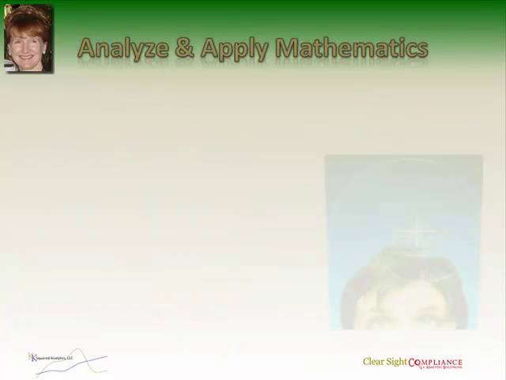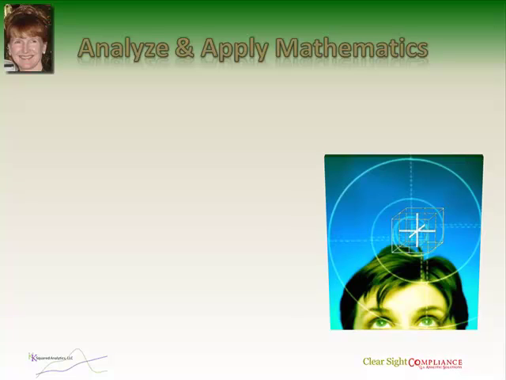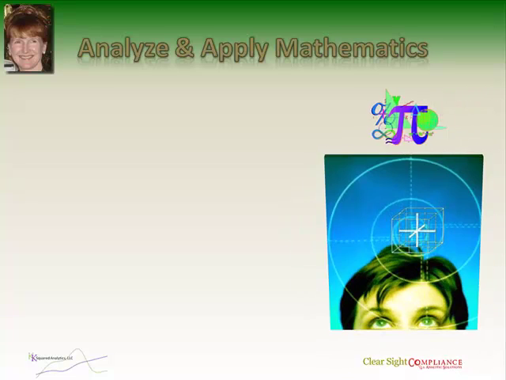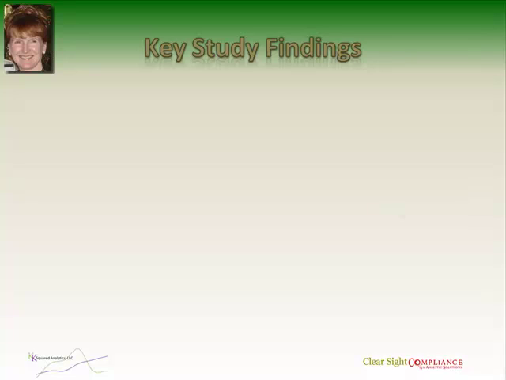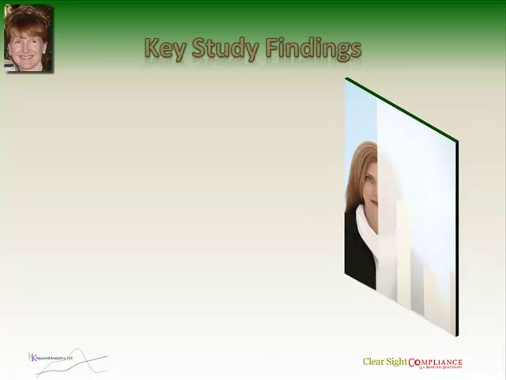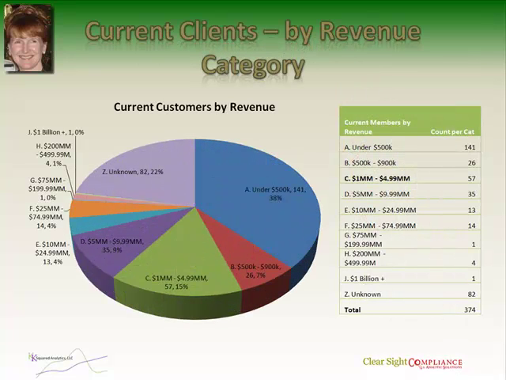We take that enriched data store and then we analyze it and apply mathematics. And that allows us to find nuggets of information, either new aha moments or the data confirming your gut feel of your customer base.